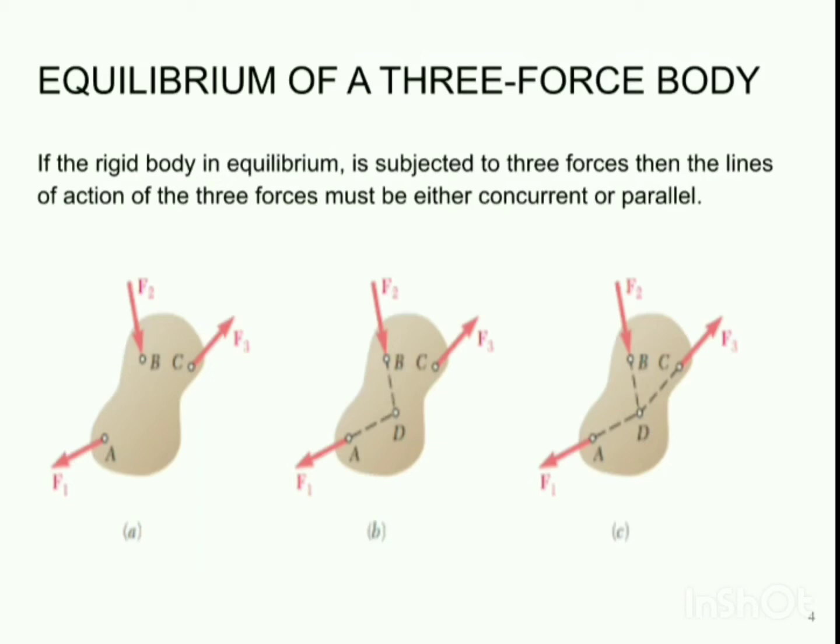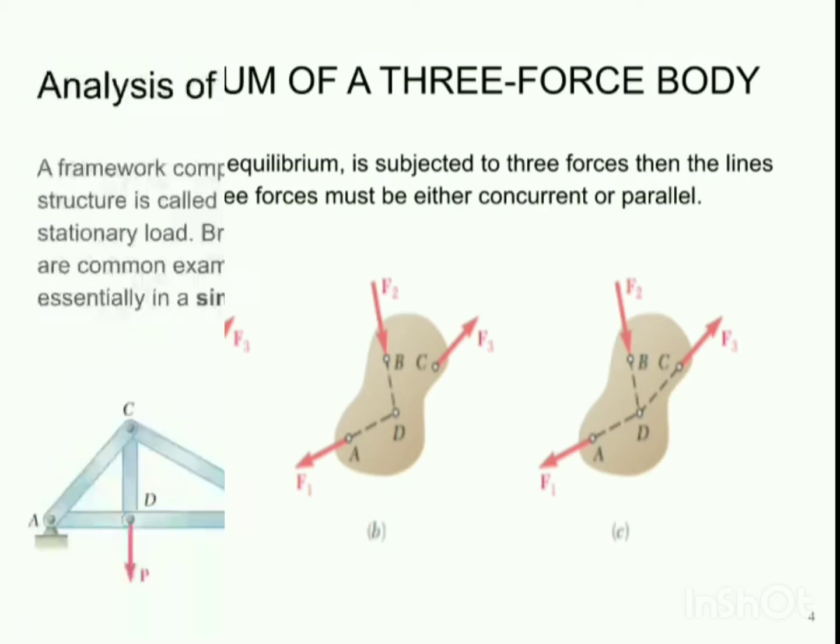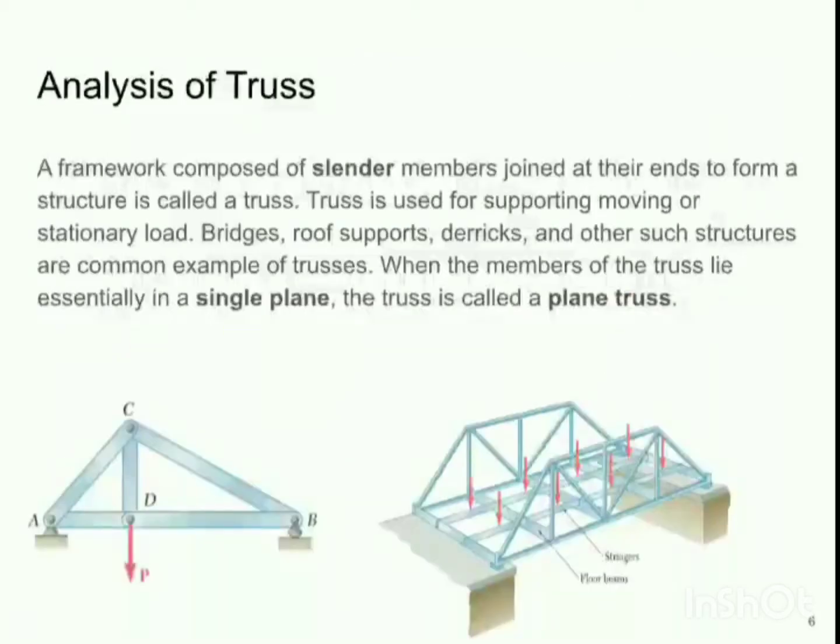So this proves that for this object to be in equilibrium when it is acted upon by 3 forces, these 3 forces must be either concurrent or parallel. This is a necessary condition for an object to be in equilibrium when it is acted upon by only 3 forces.